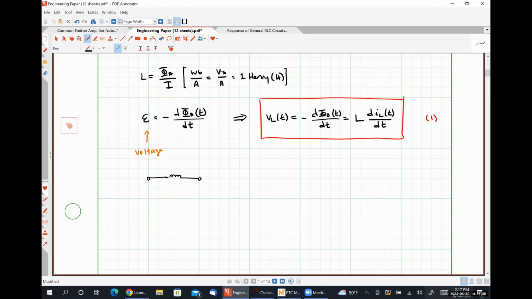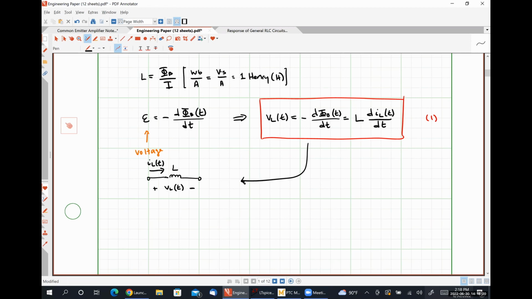So we represent an inductor by a coil of wire, where the inductor has some inductance L, and it obeys the passive sign convention such that if there is a voltage drop VL over the inductor with a positive polarity on the left, if current IL is flowing into the positive polarity terminal, then our inductor is absorbing power. And then we use this relationship to describe how IL and VL relate to each other.